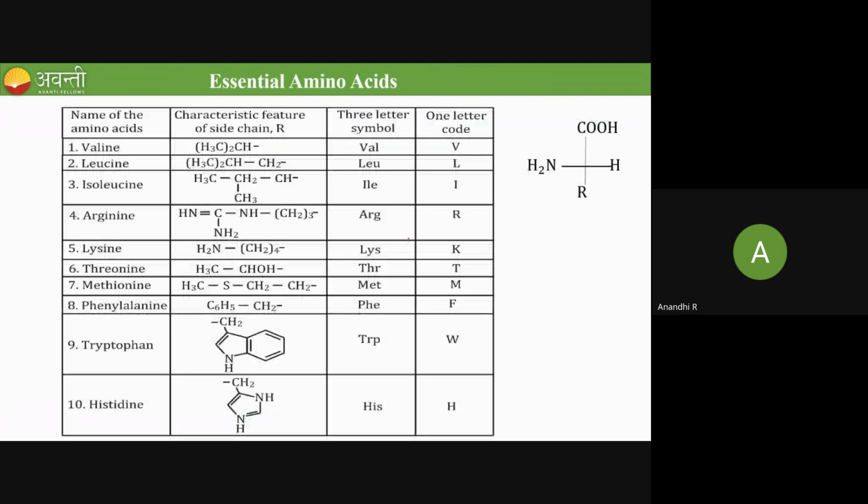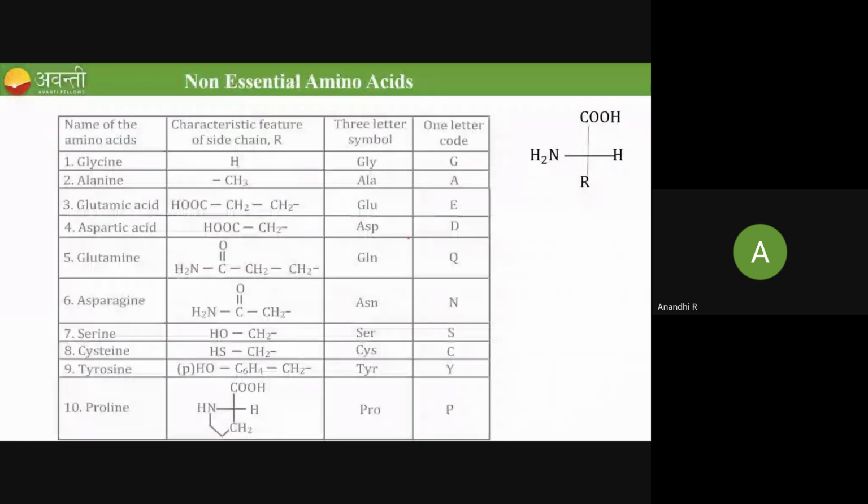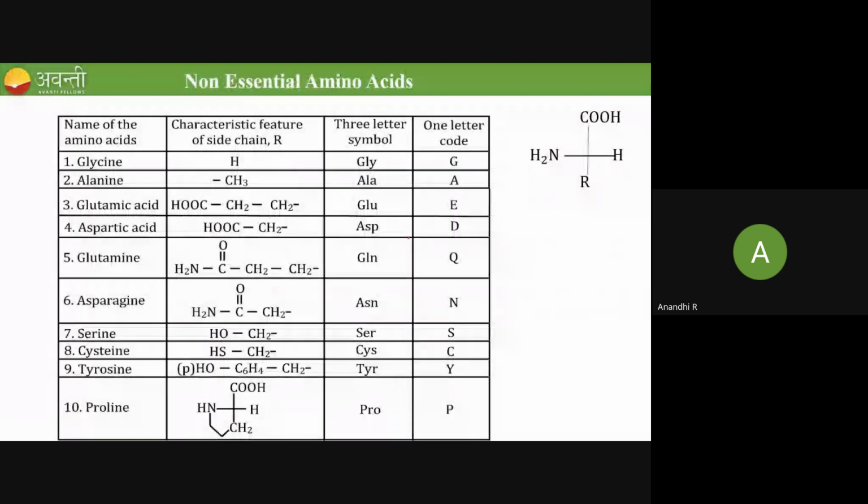So this is a list of essential amino acids. You have 10 essential amino acids, and these 10 are the examples of non-essential amino acids. Just take a screenshot of it.